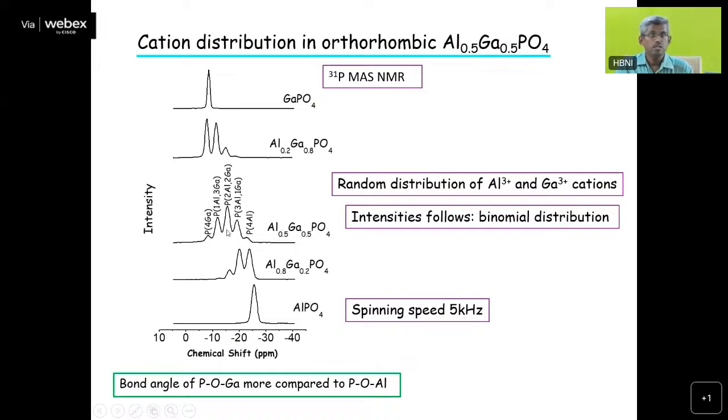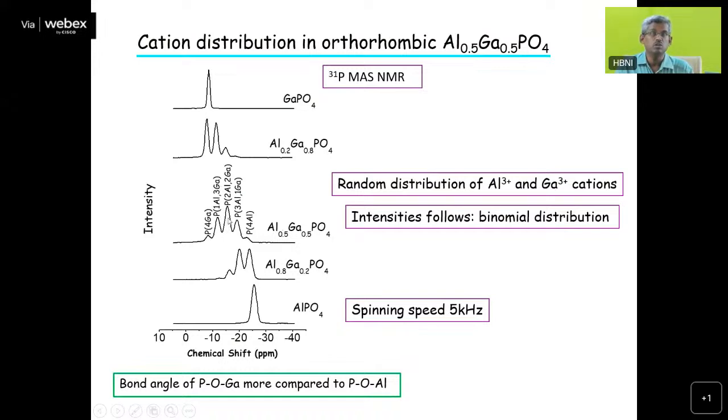In addition, we have a phosphorus structural unit with 1 aluminium, 3 gallium as next near neighbors. Near neighbor is always oxygen in phosphates, so next near neighbor only is important here.